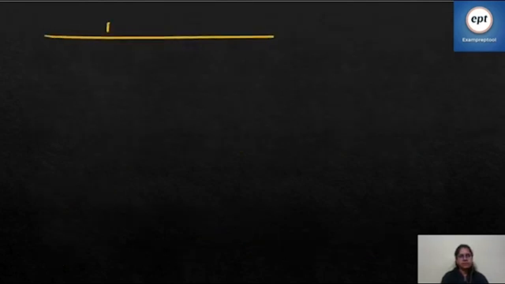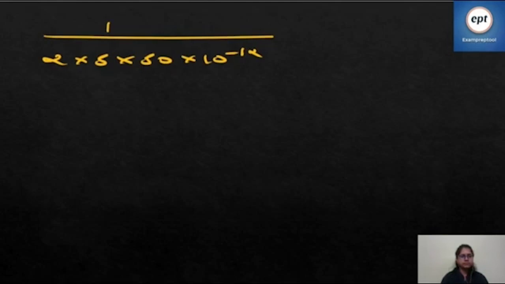1 upon 2 into 5 to 10 to the power minus 2. Now this we will bring upwards, so this will be 10 to the power 12.